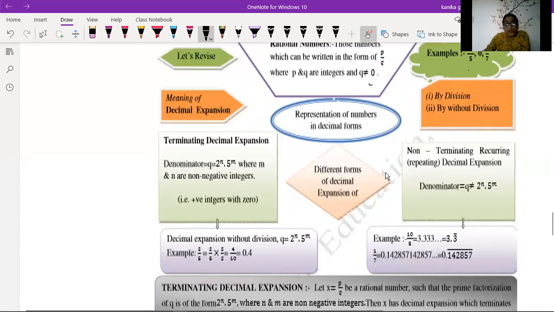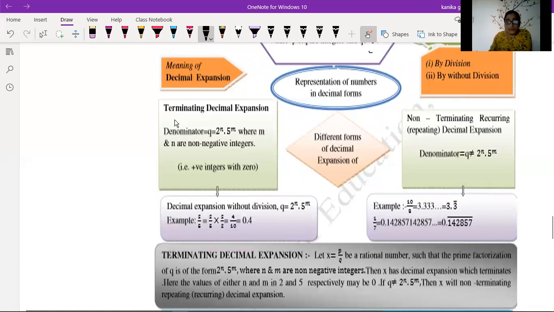Now, among rational numbers there are terminating decimal expansions. What are terminating numbers? Those where the denominator q is of the form 2 raised to power n, 5 raised to power m, where m and n are non-negative integers, are called terminating decimal expansions. Now what is a non-terminating decimal expansion?